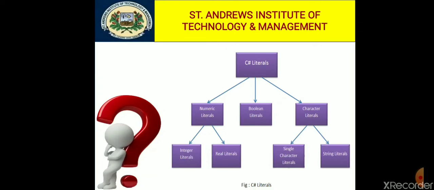It refers to a sequence of digits without a decimal point. If we are talking about a sequence of digits with a decimal point, then it is a real literal. So here we are discussing integral constants, that means a sequence of digits without a decimal point.